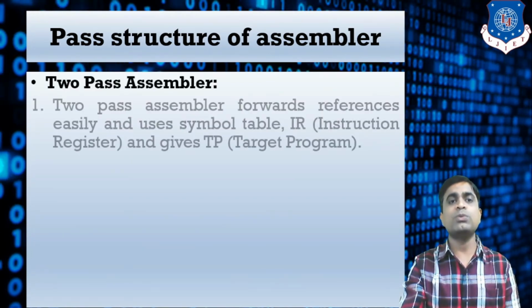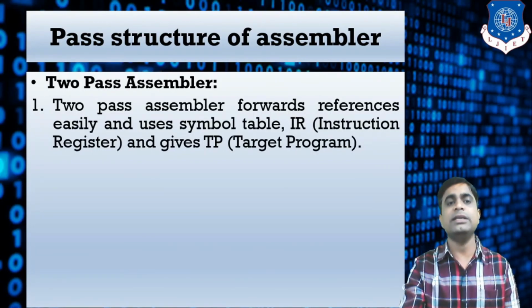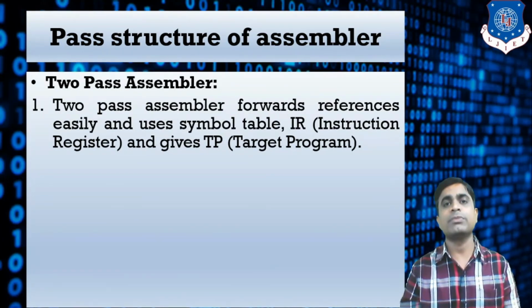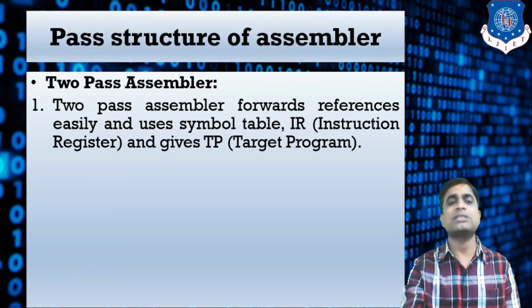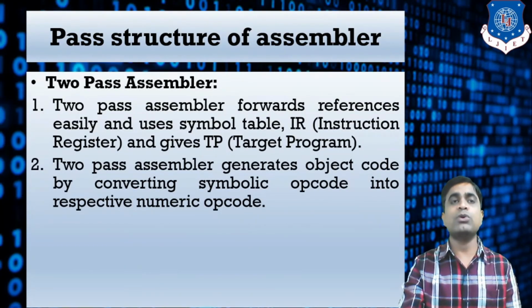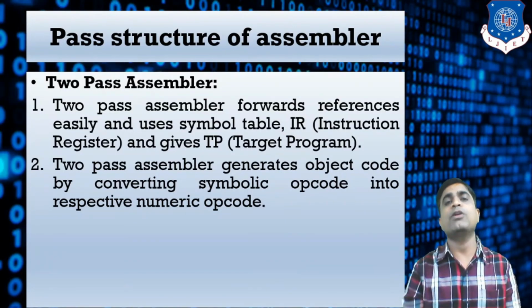So what does a two pass assembler mean? A two pass assembler resolves forward references easily, uses the symbol table and instruction register, and gives the target program. That is the task of the two pass assembler. It also generates the object code by converting the symbolic opcode into the respective numeric opcode.